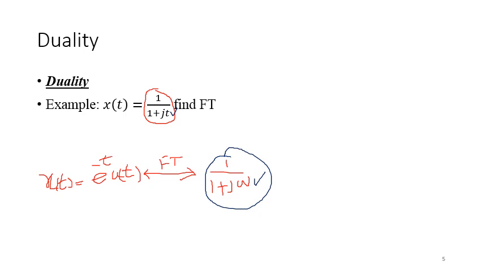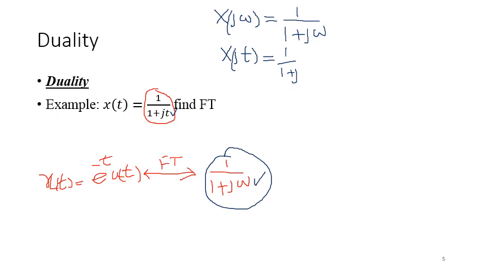So again we can do it straight away. Because x of j omega equals 1 over 1 plus j omega, that means x of jt equals 1 over 1 plus jt, right?